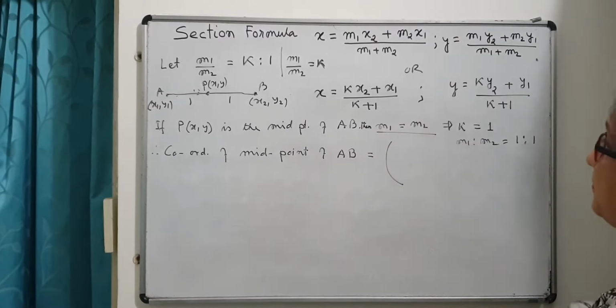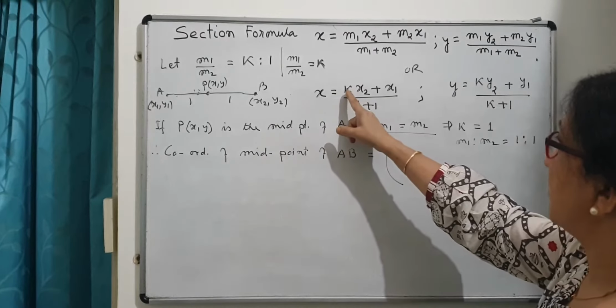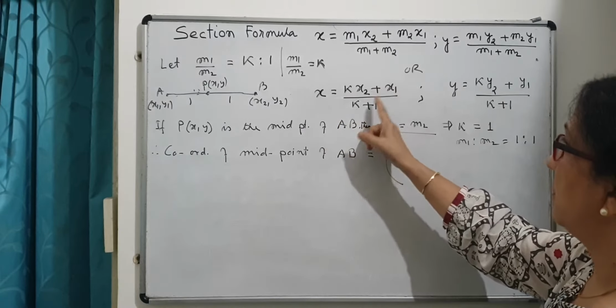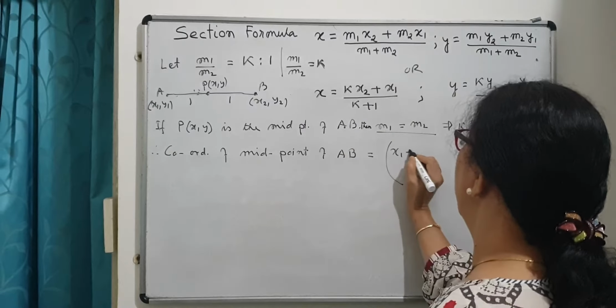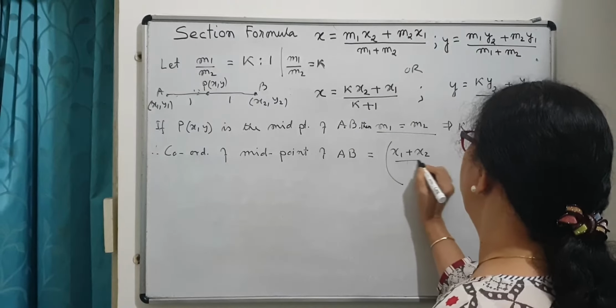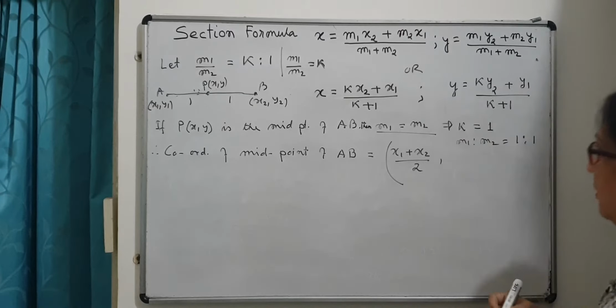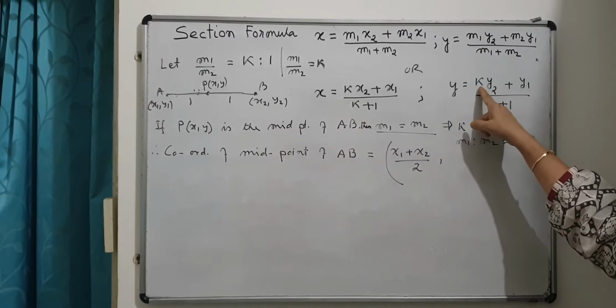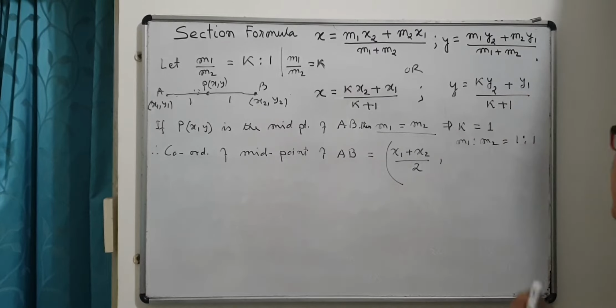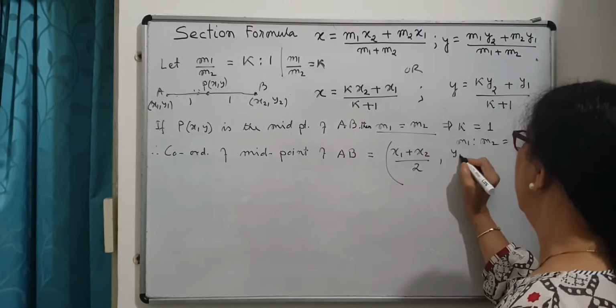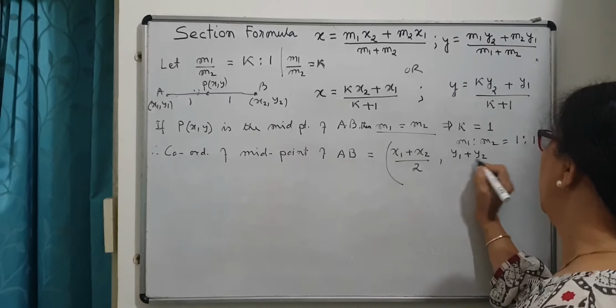Let's see, look here. k is equal to 1, so it is (x2 plus x1) by (1 plus 1), that is (x1 plus x2) by 2. And similarly for here also k is equal to 1, so it is (y2 plus y1) upon (1 plus 1), that is 2. So we can write (y1 plus y2) by 2.